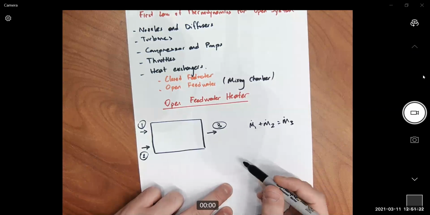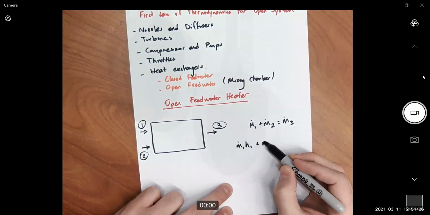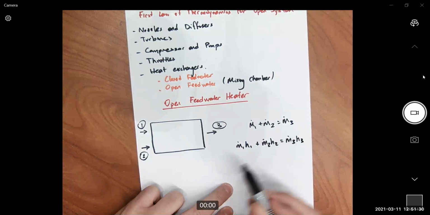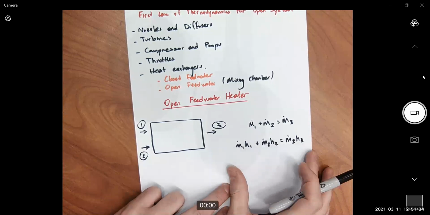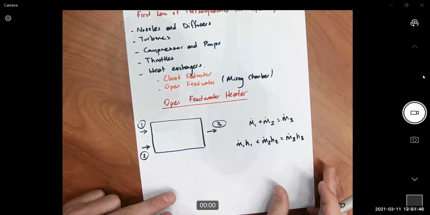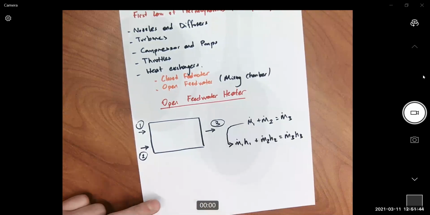Okay. So M1H1 plus M2H2 equals M3H3. How did I get this? From the first law equation, right? Q minus work done, right? But this, from the continuity equation, right?